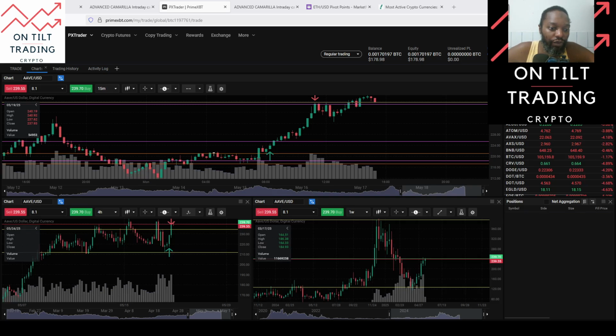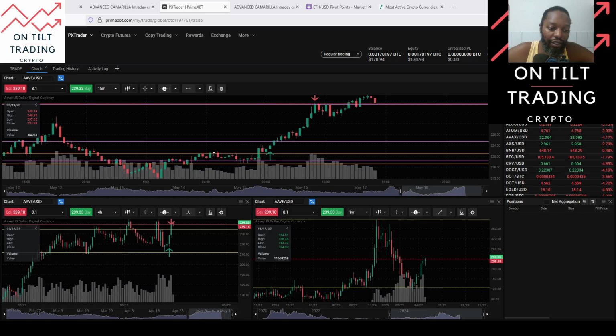Here on the 4-hour chart, this was the strong high during today's trade, and this was the week low. Aave found support at this low and then ran the extent of the range back to the top of the range.